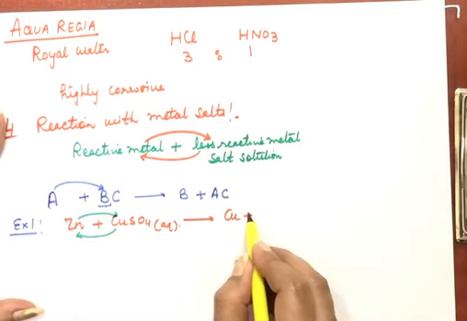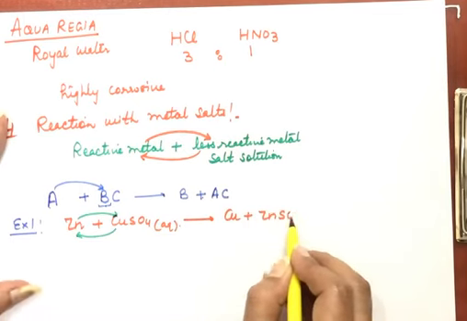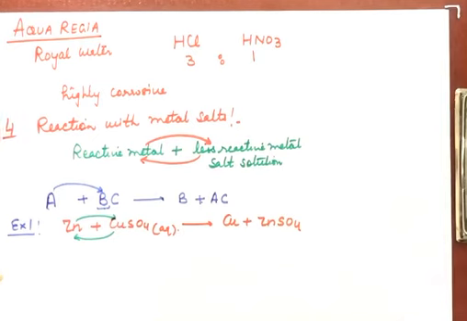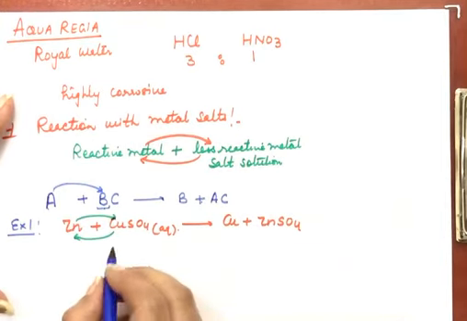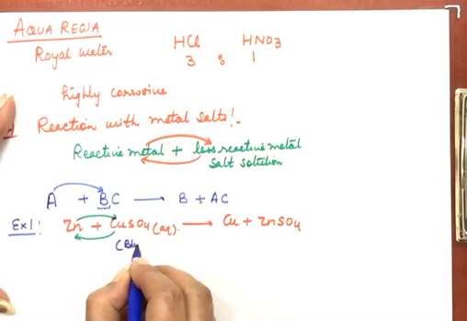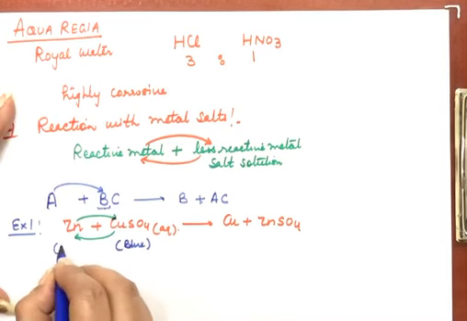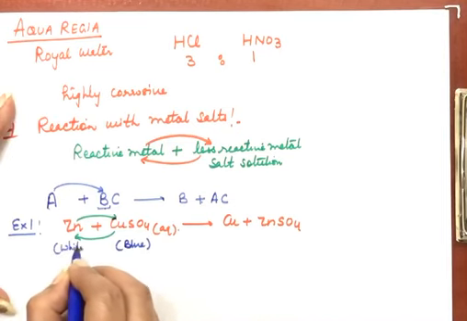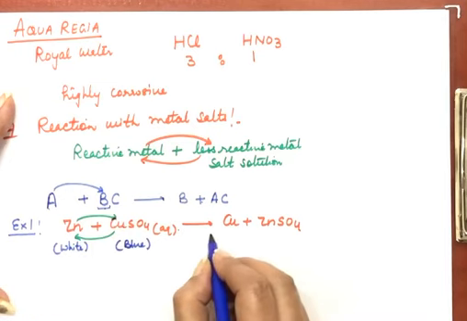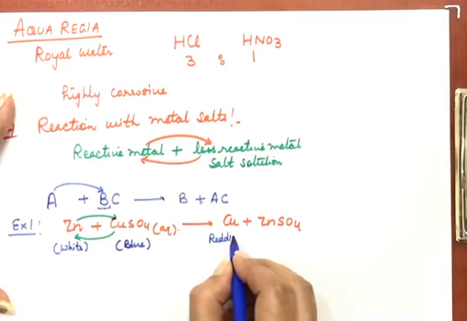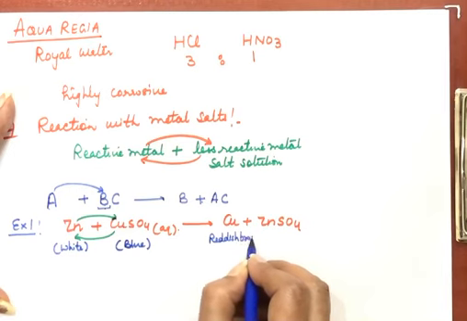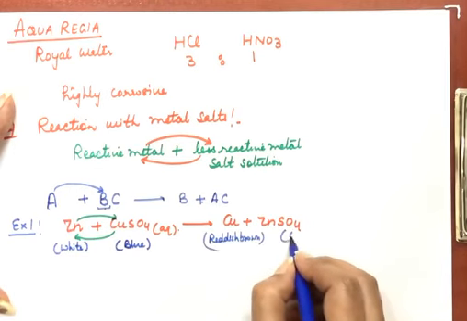So copper plus zinc sulfate. Now the changes in this reaction: copper sulfate is blue in color, zinc is silvery white, copper has a reddish brown color, and the zinc sulfate is actually colorless.